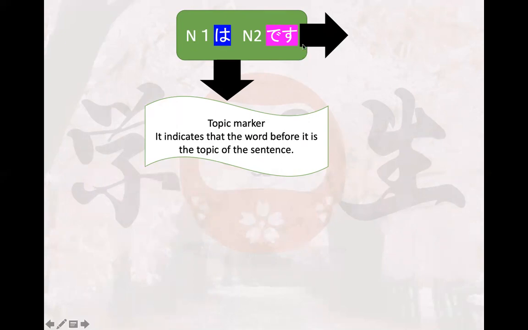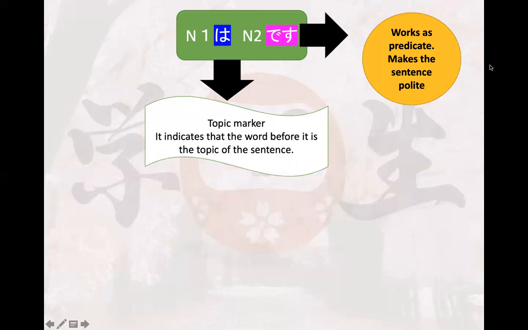Okay? Now, how about desu? This works as a predicate. And at the same time, it makes the sentence polite. Kung mapapansin nyo, every time na gumagawa tayo ng sentence or every time na nakikinig tayo ng mga Japanese songs or kaya naman anime or J-drama, we often hear the word desu.